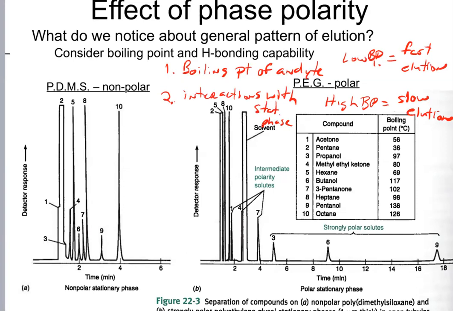Polarity-based forces. Stronger intermolecular forces will lead to increased retention and slowing down the material as it moves through the column. So I think boiling point, I'll say that plays the primary role. It's kind of the most overarching driving principle, but interactions with the stationary phase also have a place.